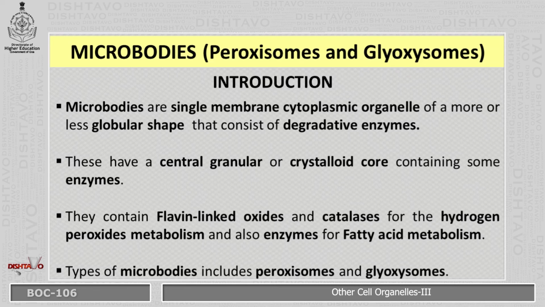These have a central granular or crystalloid core containing some enzymes. They contain flavin-linked oxidases and catalases for hydrogen peroxide metabolism and also enzymes for fatty acid metabolism. Types of microbodies include peroxisomes and glyoxysomes.